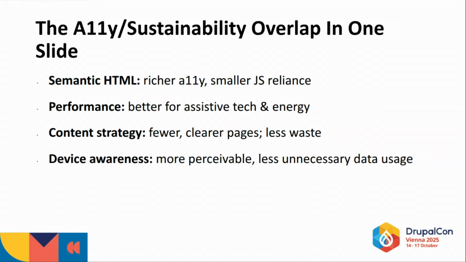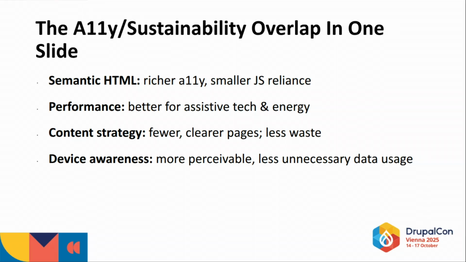And device awareness, so anything that's perceivable on a website, it's more perceivable and there's less unnecessary data usage. In the UK, we're subject to these online newspapers. I won't name any names, but if you try and use their websites, there's almost an onslaught of autoplay videos and overlays and things, and everything just slows down the experience when actually what you want is the content.